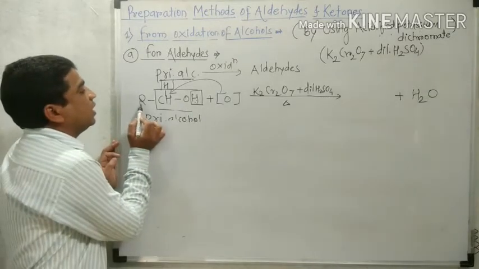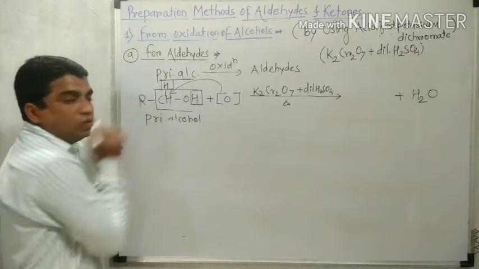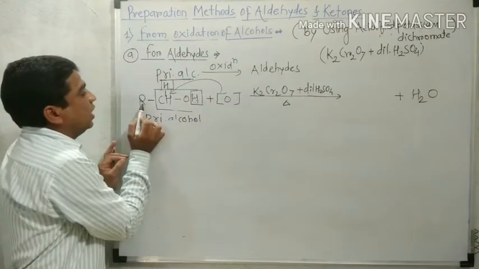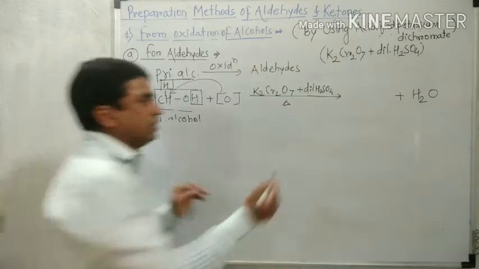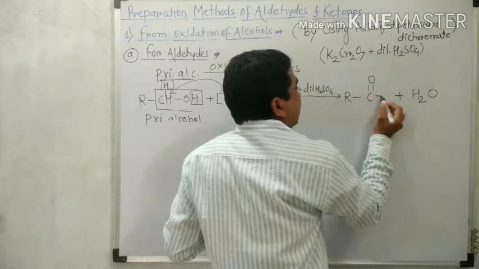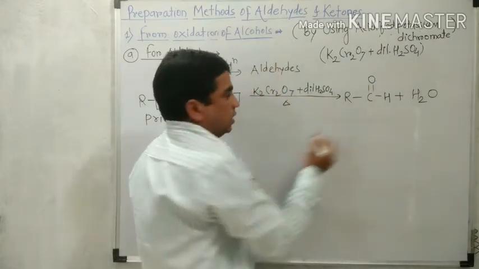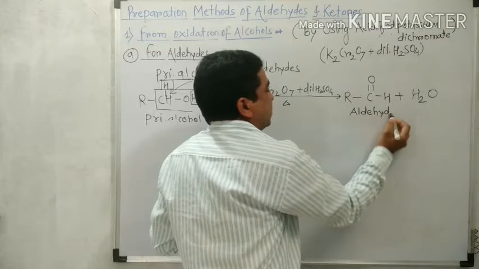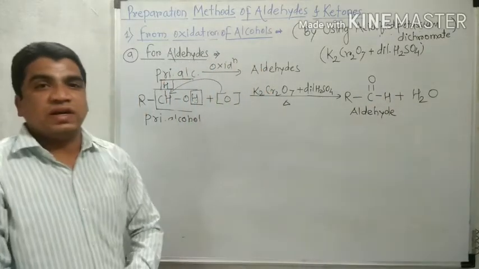What is remaining? RCHO, which we can write as R-C double bond O-H. The formation of aldehydes takes place in this way. This is the general reaction.